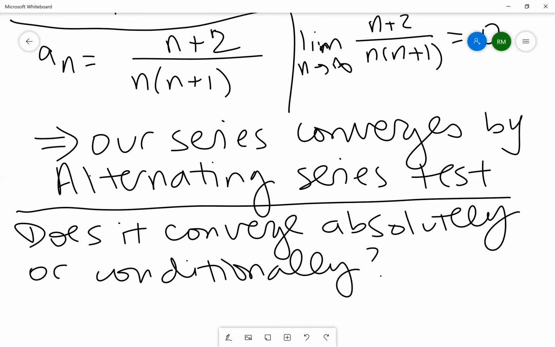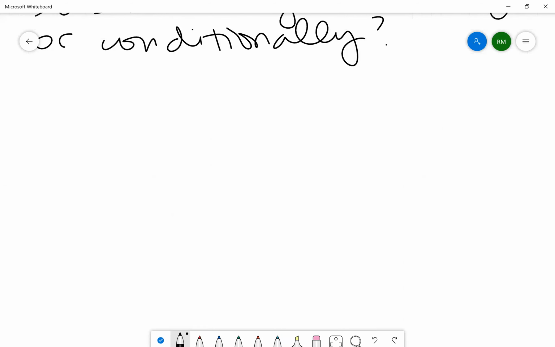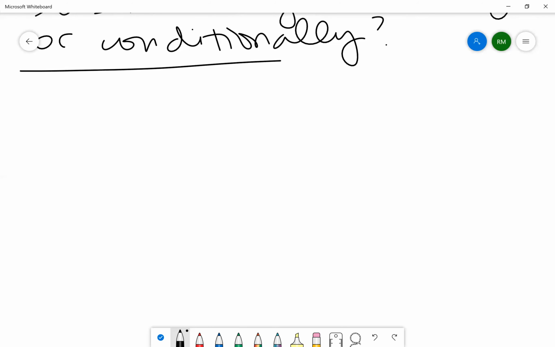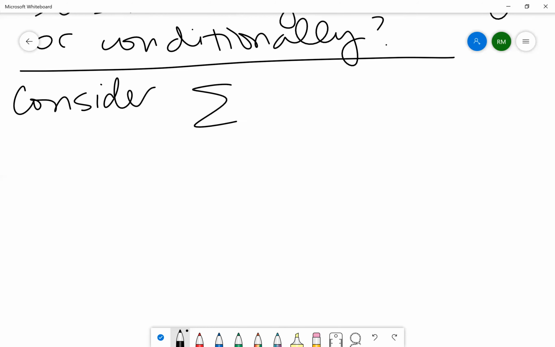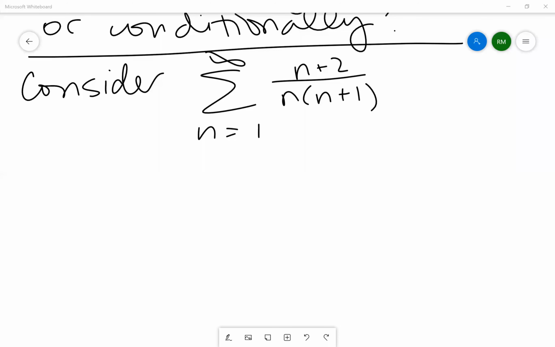So what we need to do is consider the sum of the absolute values, which are (n plus 2) over n times (n plus 1). Now, does this converge or diverge? That is the question. So we need to figure out how to show that.